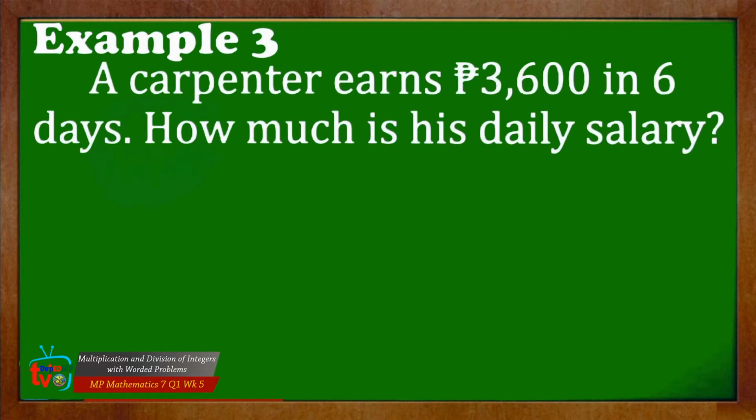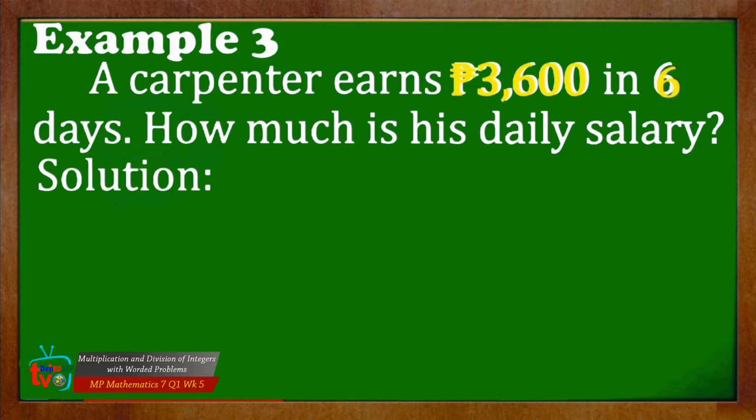Let's proceed to example number 3. A carpenter earns 3,600 in 6 days. How much is his daily salary? To get his daily salary, we will divide his earnings with the number of days he earned the money.